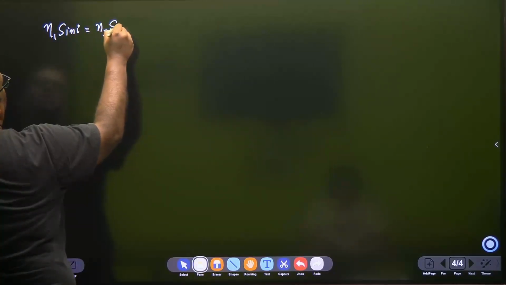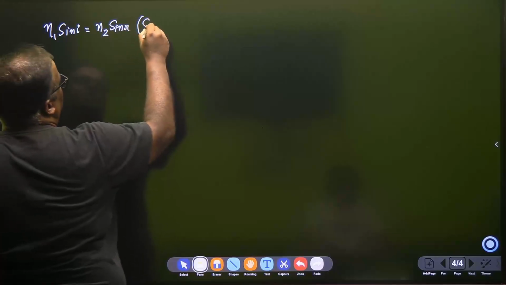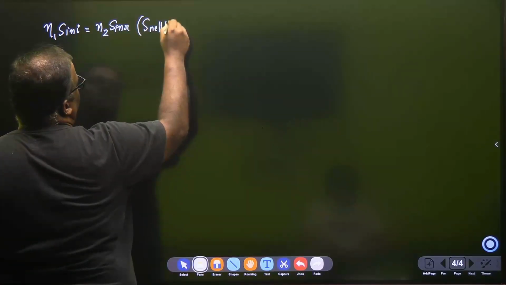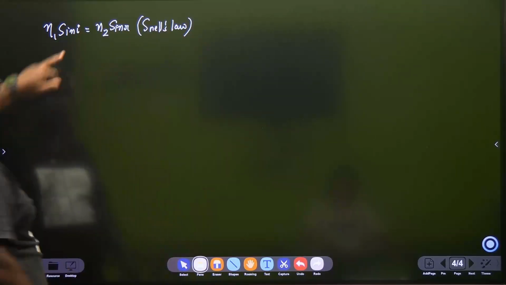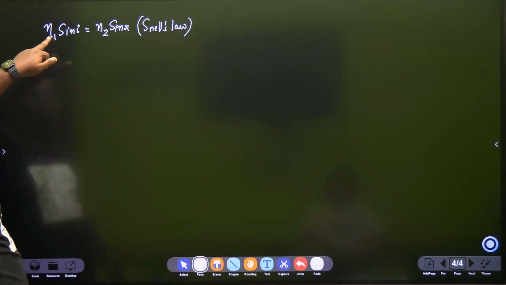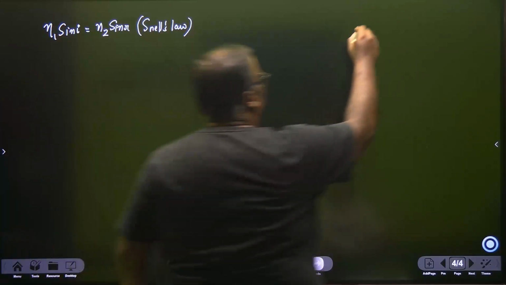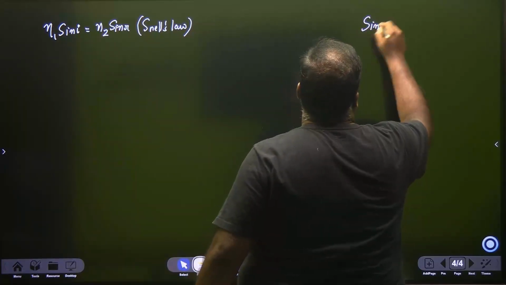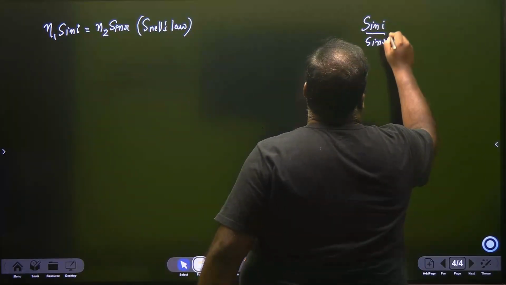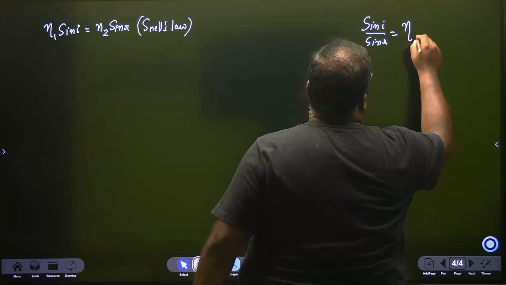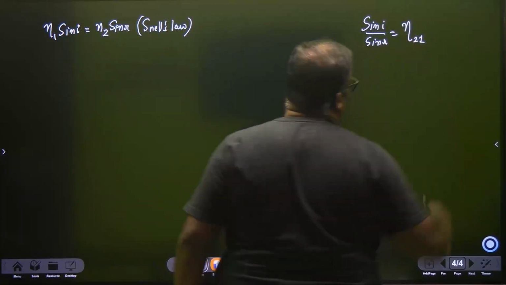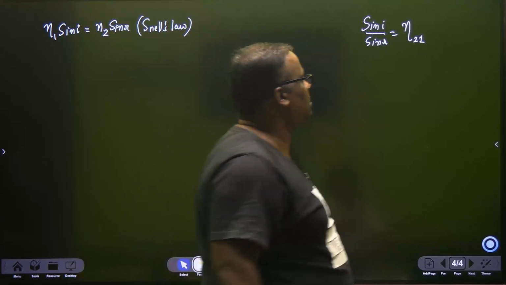Now look, this formula we will see: N1 sin i is equal to N2 sin r, and this is Snell's law. Do not get worried, we will just see this. What is Snell's law? Sin i by sin r is equal to eta 2 with respect to 1, where 1 is from where the light is coming.